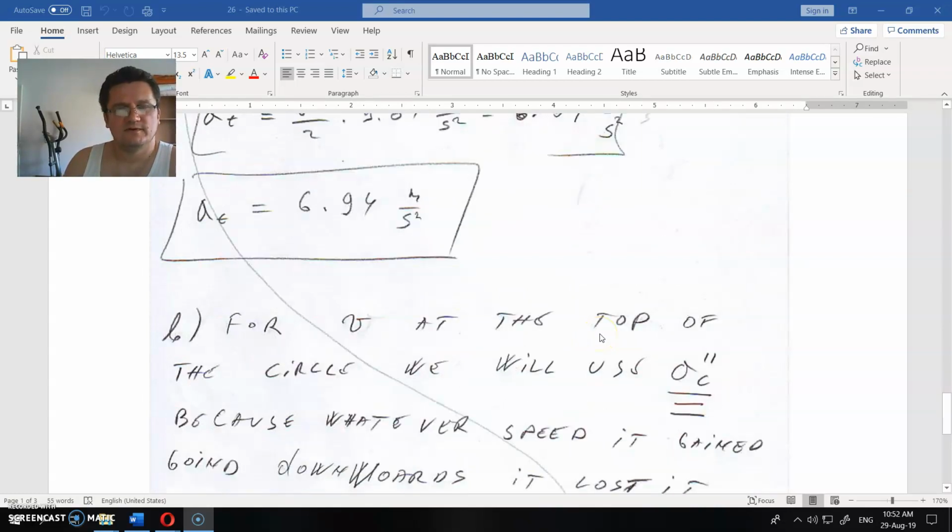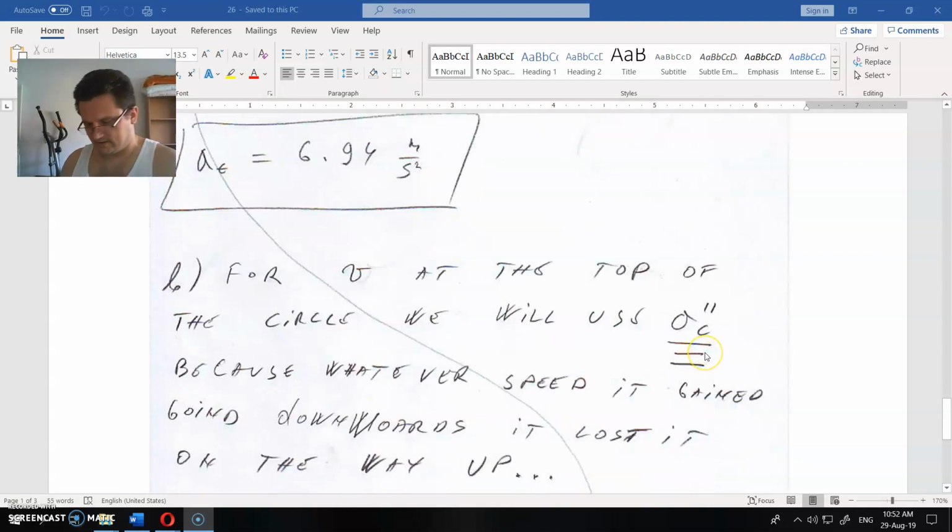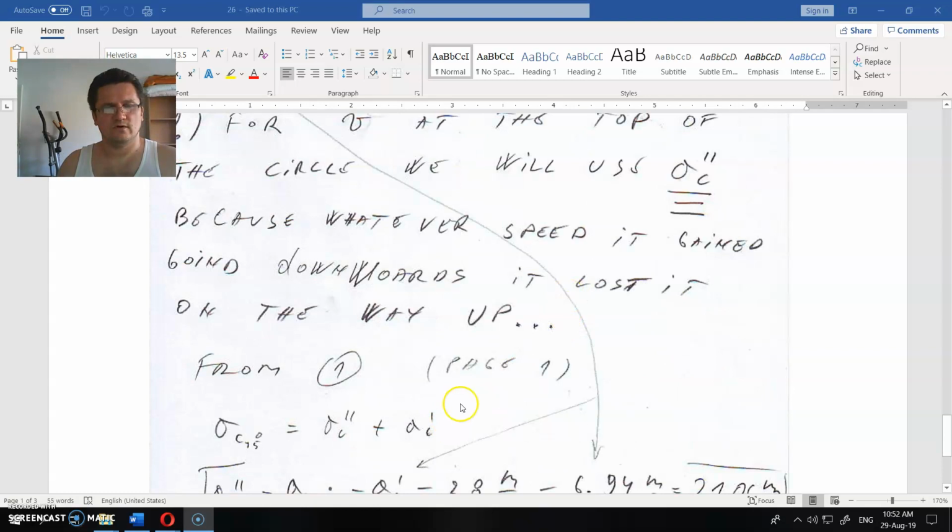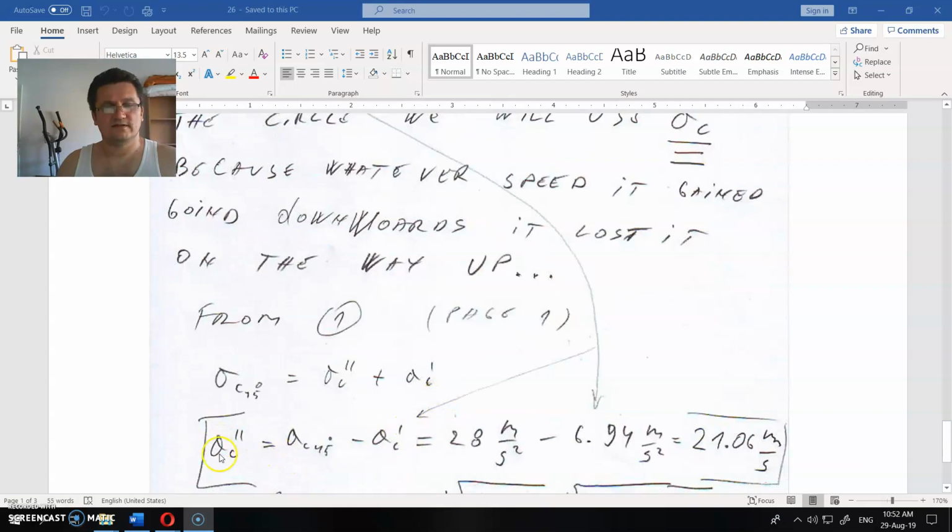Okay, for the speed at the top of the circle, we will use the constant part of the gravitational acceleration, because the tangential part in that situation is 0. There is no projection of gravitational acceleration on the tangent at the top and at the bottom of the circle. So we have to find that constant acceleration. We have this and we calculate this.